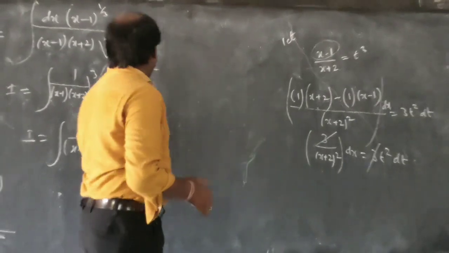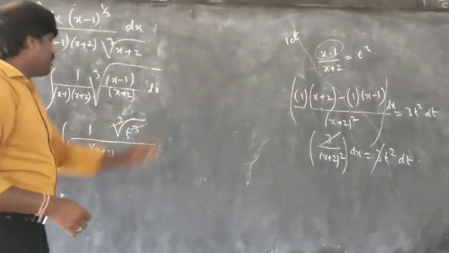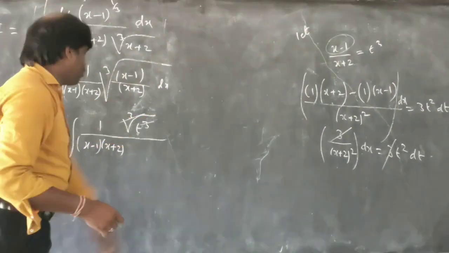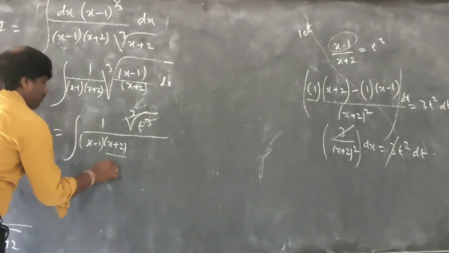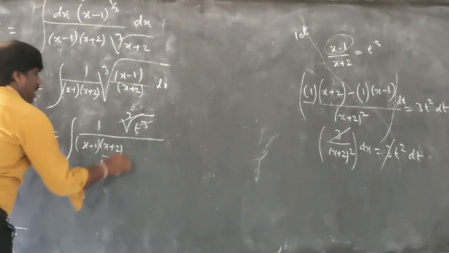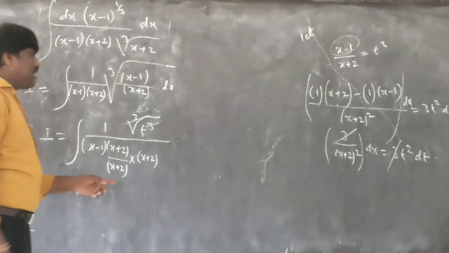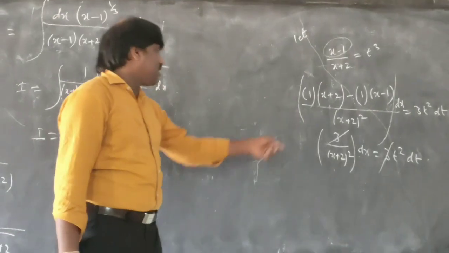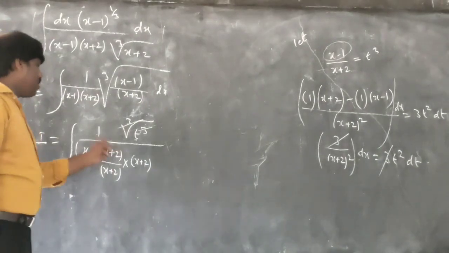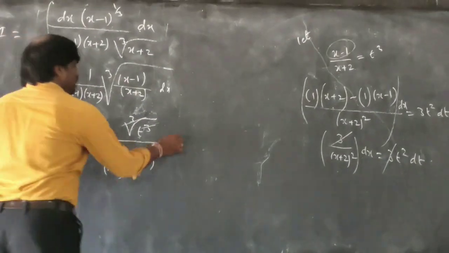So dx upon 1 should be getting (x plus 2) whole square. So for that I am multiplying by (x plus 2) whole square and dividing with (x plus 2) whole square because I have to get the square on the top. So this is the dx we have.